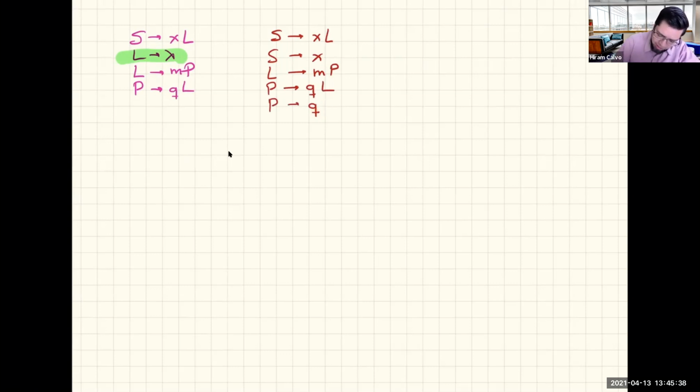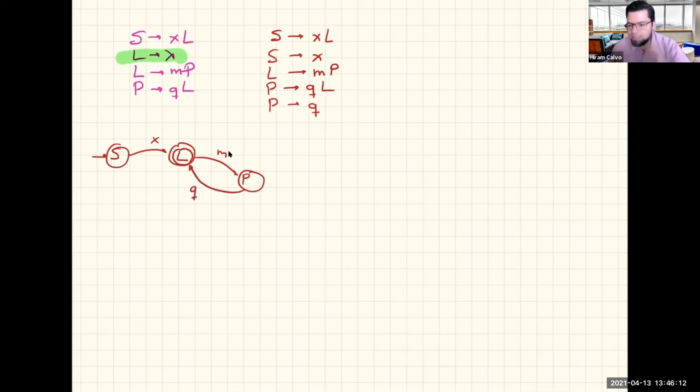Now, let's see if this produces exactly the same language. In the first one, we have S, X, L. L is an accept state, and then with an M, we have some P, and then from P, we have Q, and Q goes to L. And that's it, right?